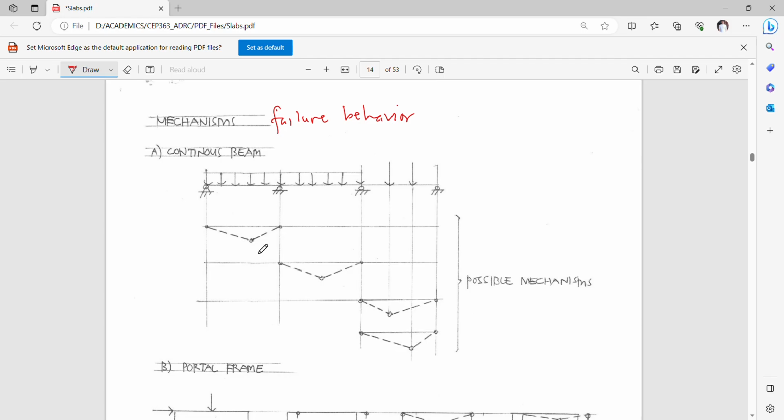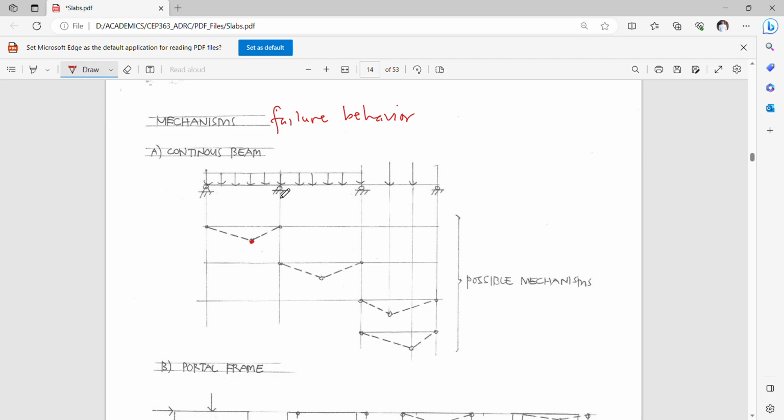So if the degree of indeterminacy for one local beam span is 0, you only have to have at least one plastic hinge to be formed.